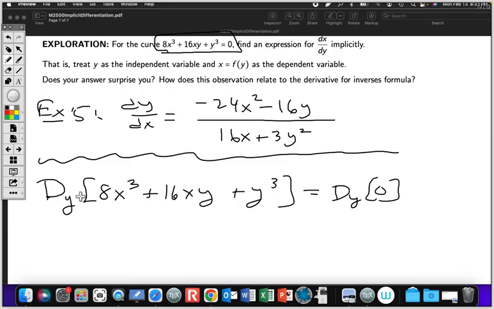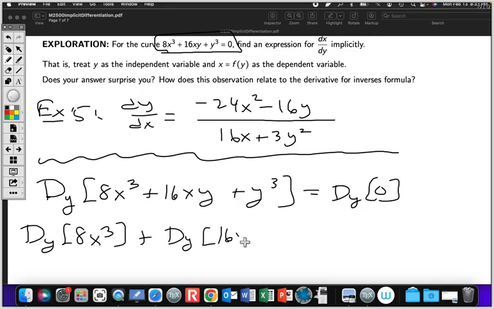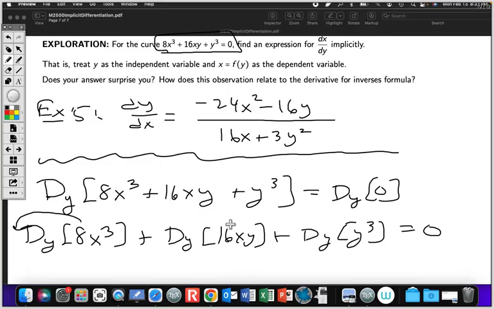We're going to go through with the same rules as before. We're going to use the sum property here, and the constant multiple rule on the first two terms.